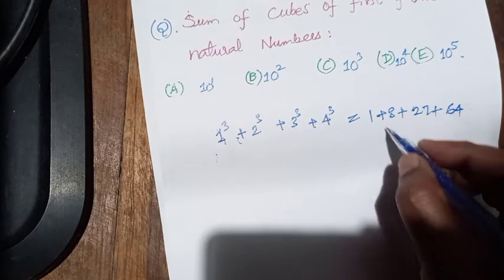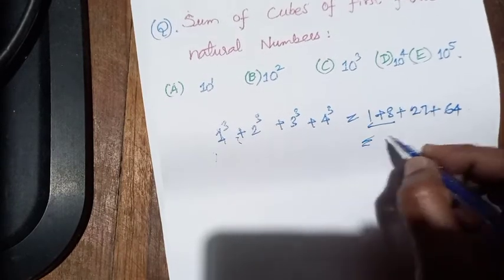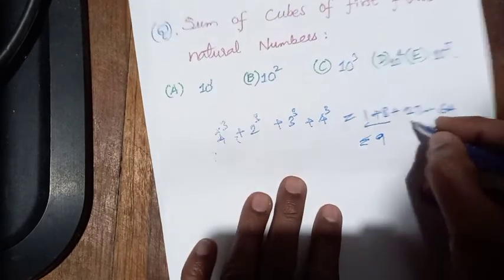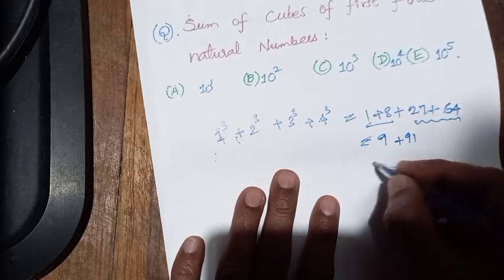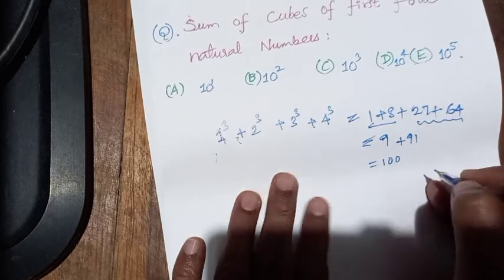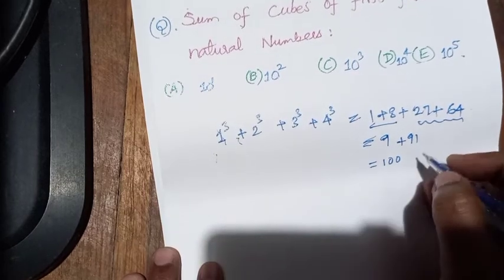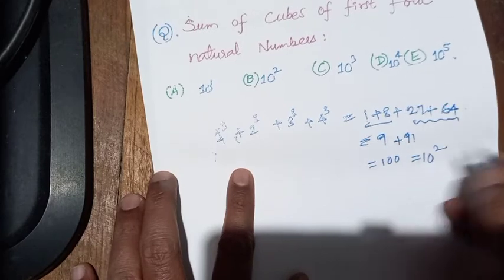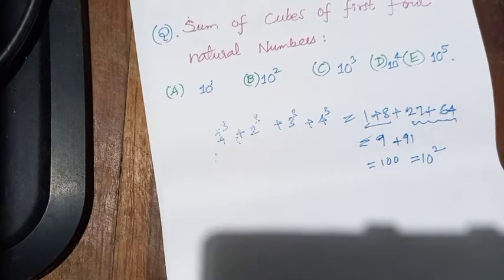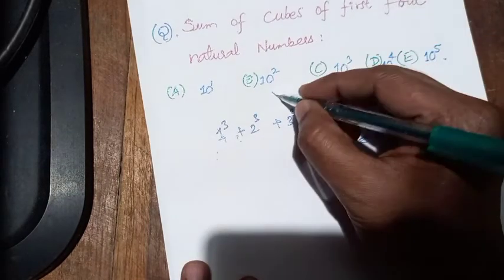So here 1 plus 8 is 9, and 27 plus 64 gives you 91. Finally it is 100. So 100, according to the MCQ, I can write as 10 square.